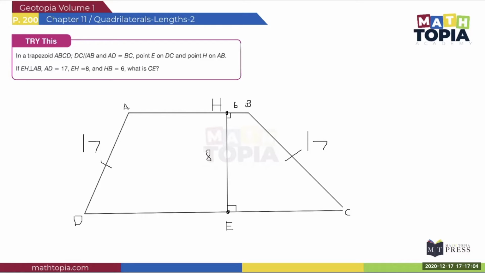Because if we draw a line parallel to BC, like that, so it's parallel, 17, this is 6, right? And let's call this point F. So we have 8, 17, and we have 15. So 15 and 6, we add those two up and we get EC is 21. That's great.